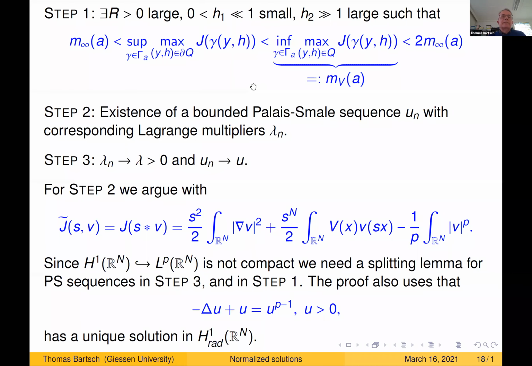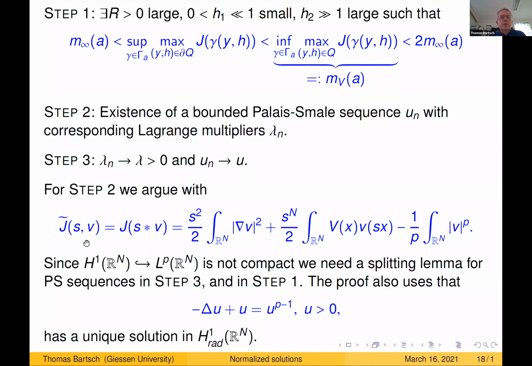So then we continue, of course. Now the argument will be the same. We prove the existence of a bounded Palais-Smale sequence with corresponding Lagrange multipliers, and then having achieved this, we prove that the Lagrange multipliers converge along a subsequence, and the u_n also converge strongly.